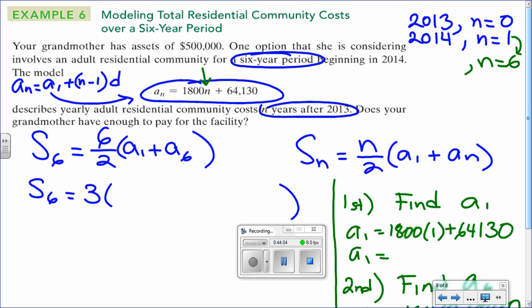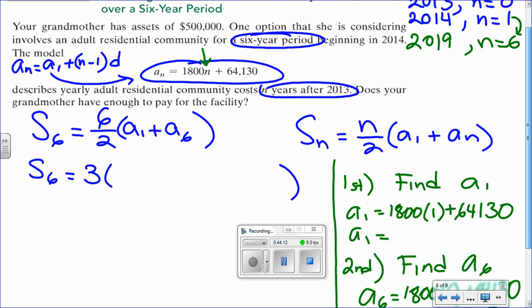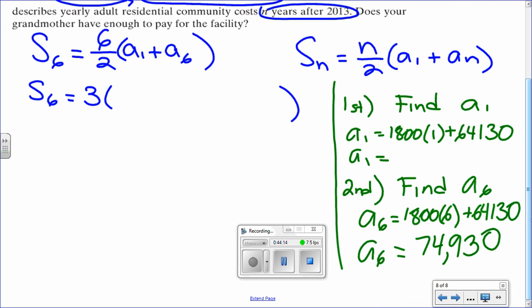What's the difference from 1 to 6? So plus 5, right? So 2014 plus 5? 2019. So we're talking about year 19. Okay, what about A sub 1? Who found A sub 1? 65,930. Thank you.